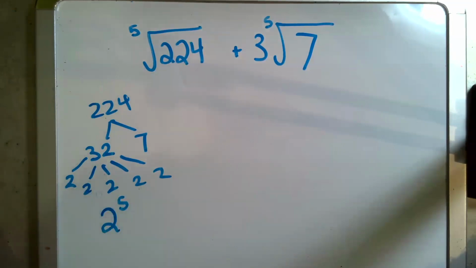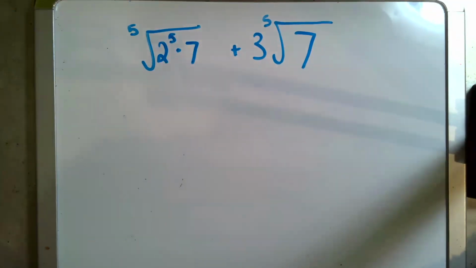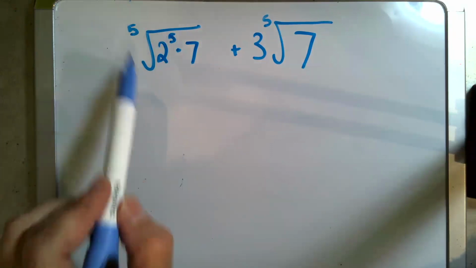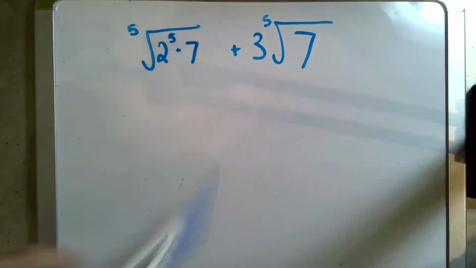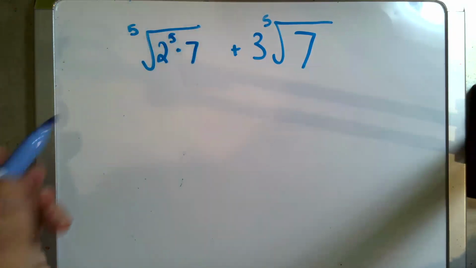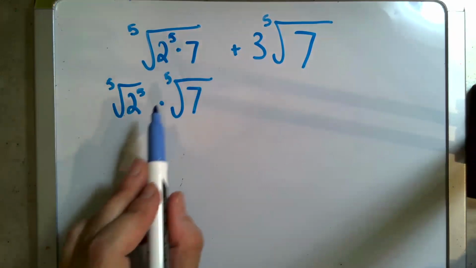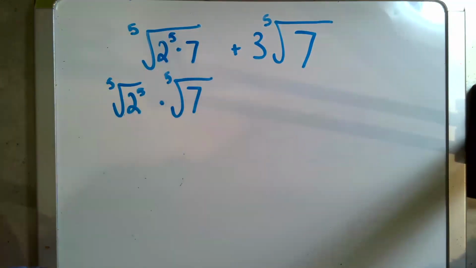So let's put that all under that root sign instead of that 224. 2 to the fifth times 7. Now, if you watched my earlier video about the properties of nth roots, and if you haven't, go ahead and pause now and take a look there, then you recognize that the nth root of two things multiplied can be separated out into the fifth root of one of those things times the fifth root of the other of those things.